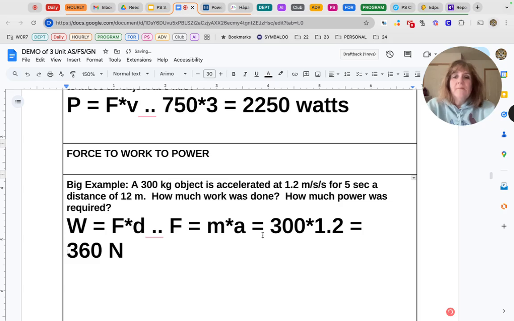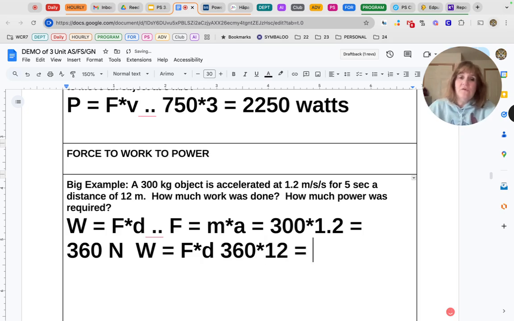right? But then I'm going to take that answer and put it in here for force, so that work is equal to force times distance. And my force is 360 that I just found, times my distance in the problem of 12 meters. So 360 times 12 is 4,320 joules of work.